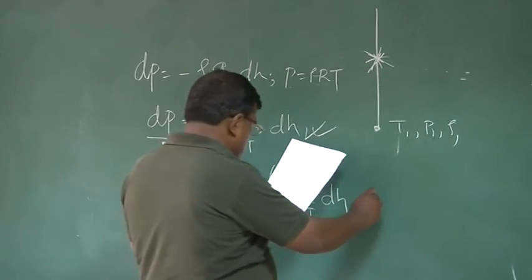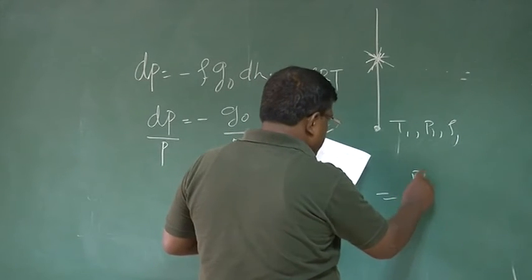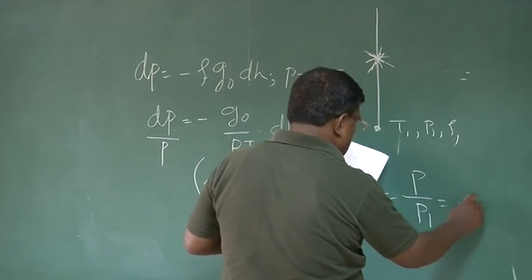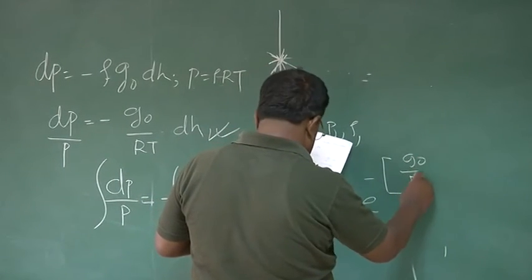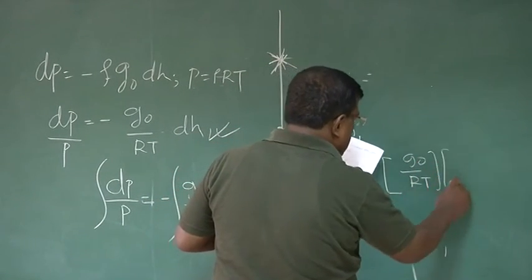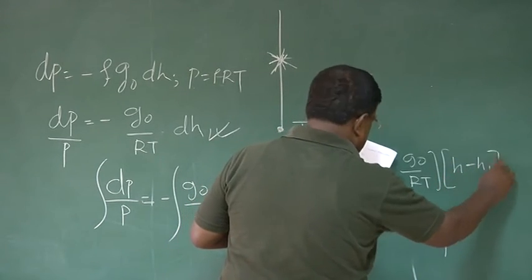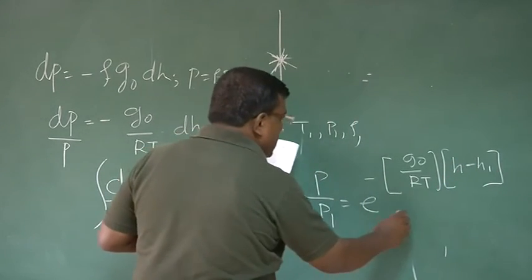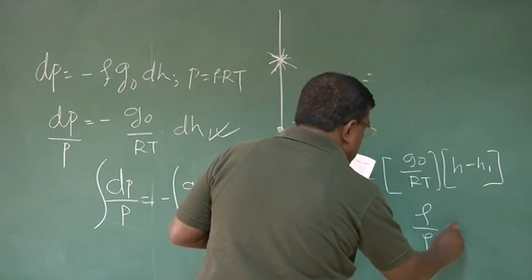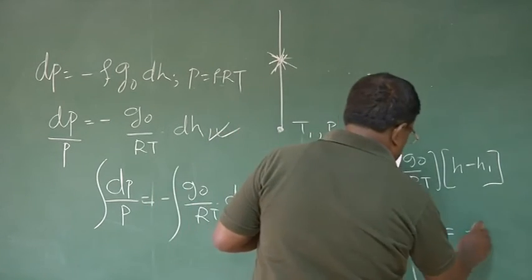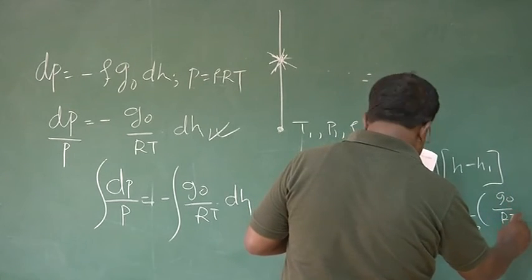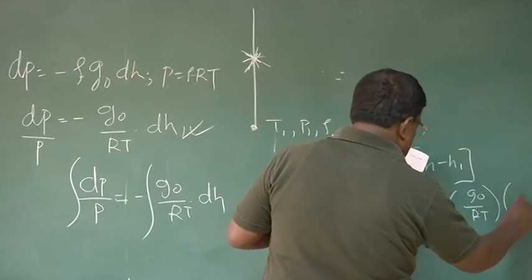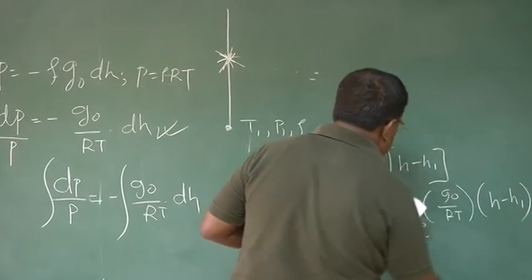If I integrate both sides, because temperature is constant in isotherm, it comes out. So what do I get? I get P by P1 is equal to e to the power minus G0 by RT into H minus H1. Similarly, I can find rho by rho1 is equal to e to the power minus G0 by RT into H minus H1.